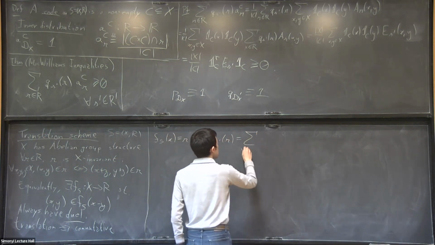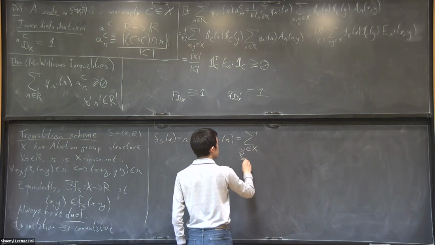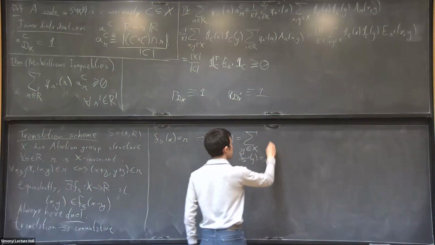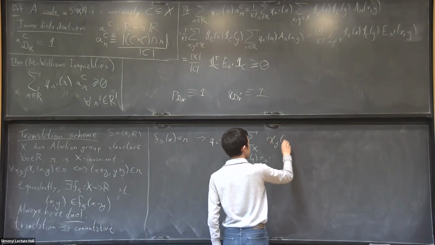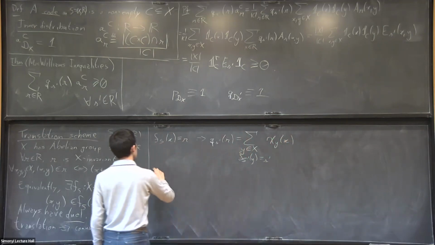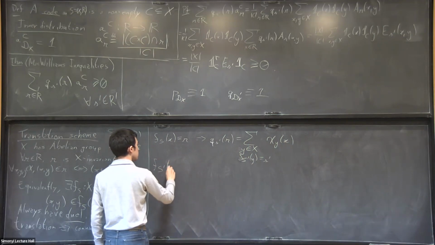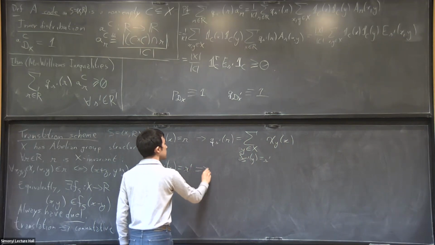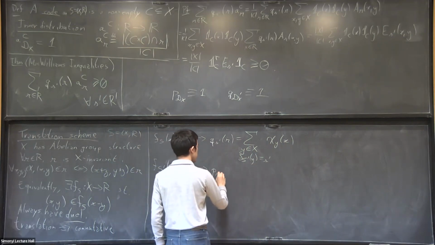You can just do this. And if you have a word that gives you r prime, then you can compute the P function.